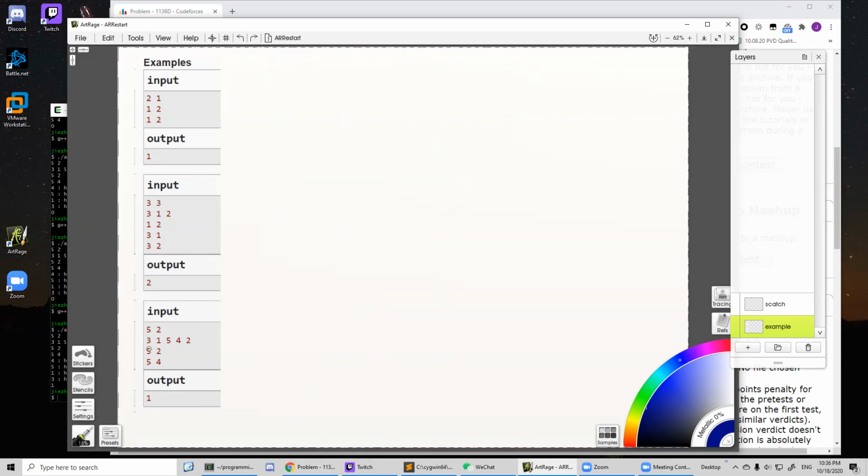So let's take another look at example three. So we got five people here, which is 3, 1, 5, 4, 2, right? We want to move 2 forward. So how far can we move it? So first, let's try to switch these two guys. Can they switch with each other?